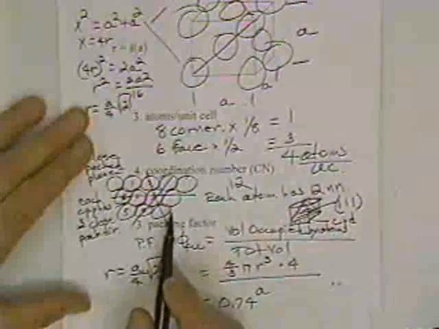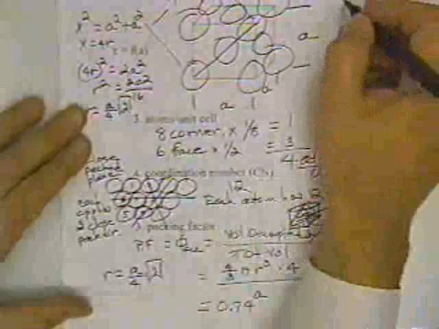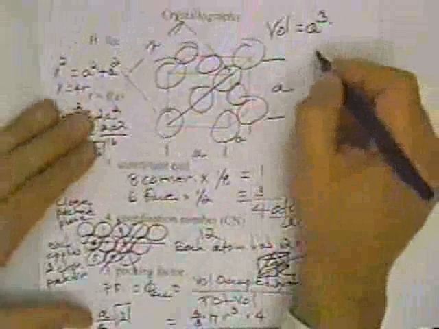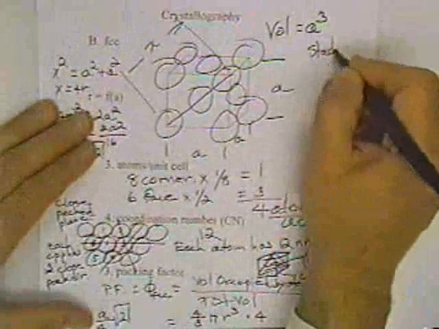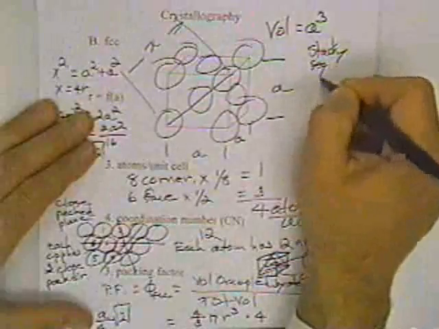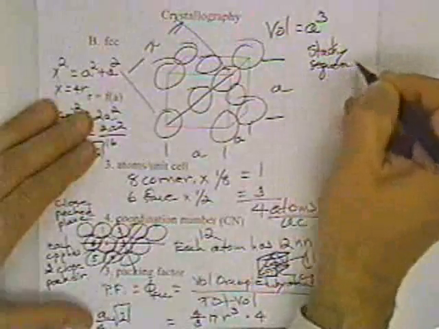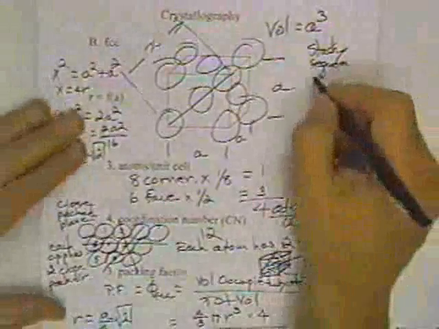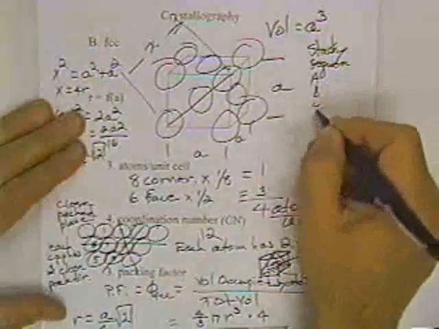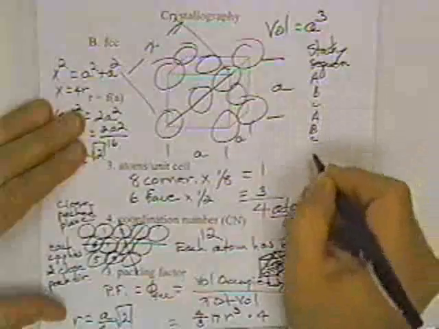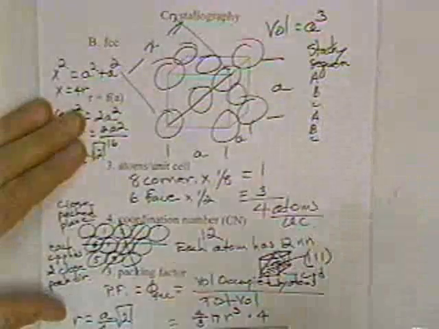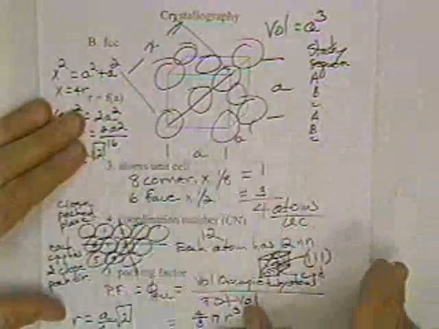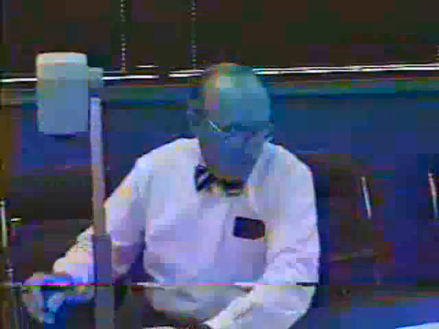If we go back a minute to the close packed structure of the face-centered cubic, the stacking sequence, because both face-centered and hexagonal close packed are both made up of close packed planes, is stacked A, B, C, etc. You tip it on an edge and you can end up with that cube.